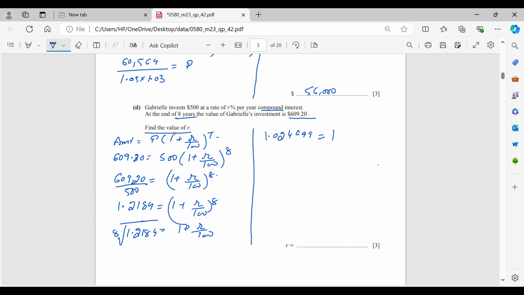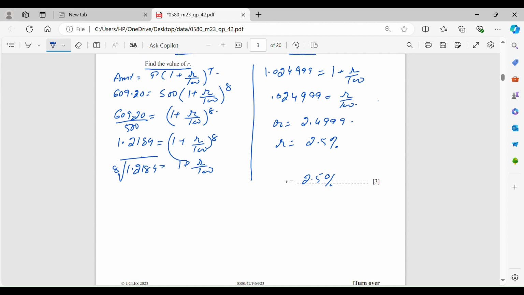This is equal to 1 plus r by 100. Now we will subtract 1 from this. This is 0.024999. This is r by 100. R is equal to 2.4999, or R is equal to 2.5%, right? So the rate of interest is 2.5%.